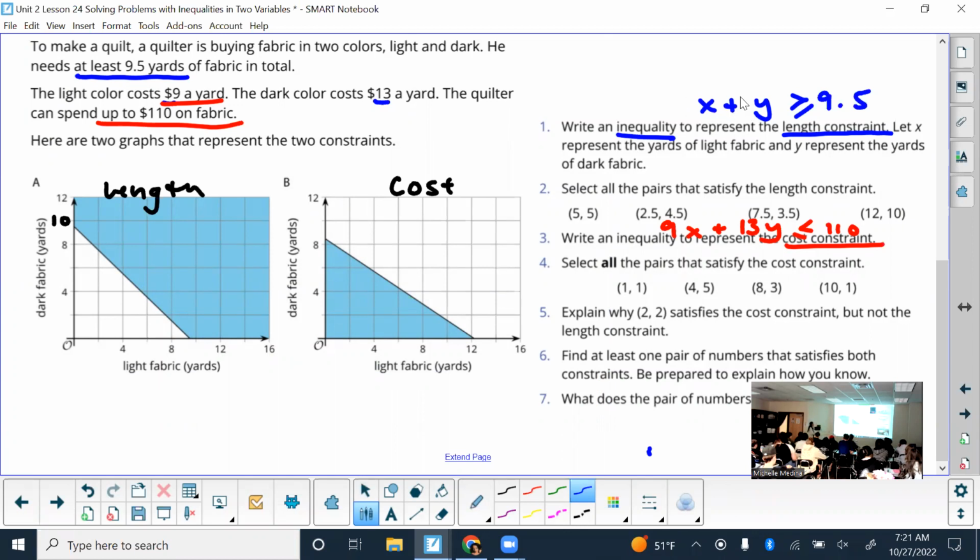So that is why we put the inequality symbol opening towards the other side, not the 9.5. Because you can't have more than 9.5 if it's at least, because you have exactly the 9.5. So that's why we chose the equal to symbol.